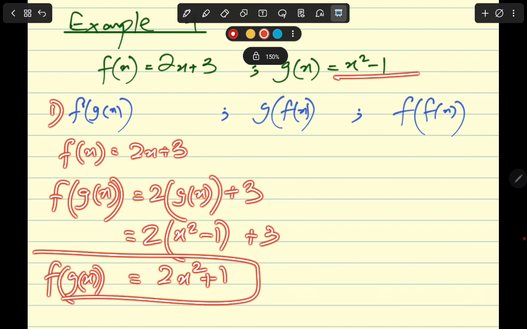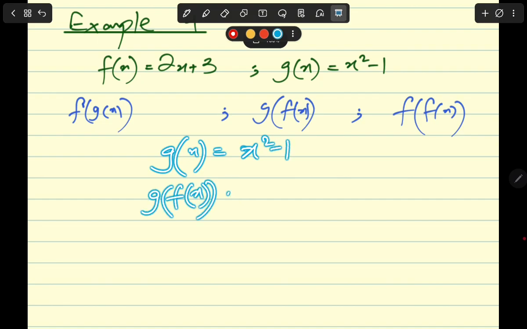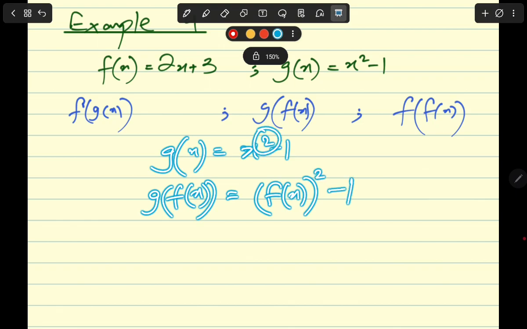Now let's do g of f(x) with another color. Now g of x is x squared minus 1. Now in place of x, if I have to input the function f of x, I can do exactly that. So in place of x, I will put f(x), and make sure that you are not forgetting this power. So this is x squared and then minus 1.